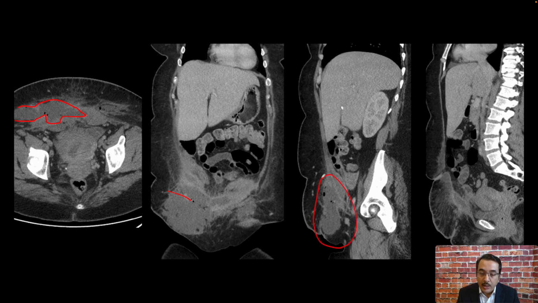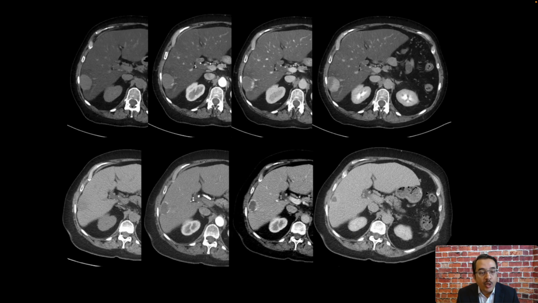This is how the collection is visualized on the sagittal image, and here we can see the findings related to C-section. Here is their uterus, which is enlarged, and we have a C-section scar there, and right below it we see the urinary bladder. So here the diagnosis is an abscess secondary to C-section surgery, and the treatment here would be percutaneous drainage and antibiotics.